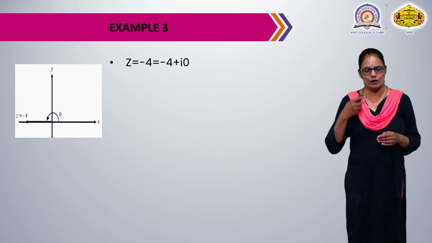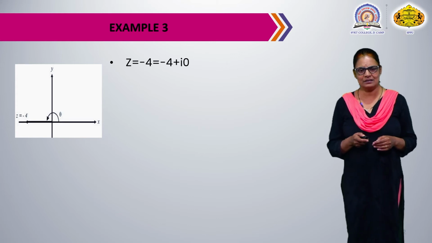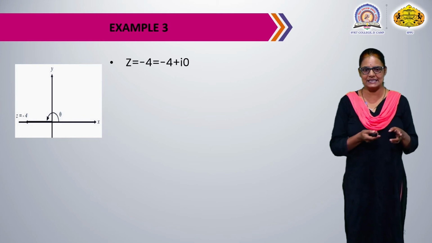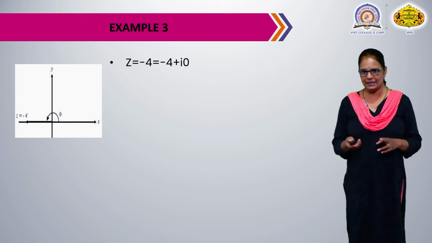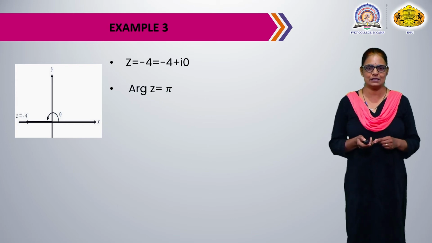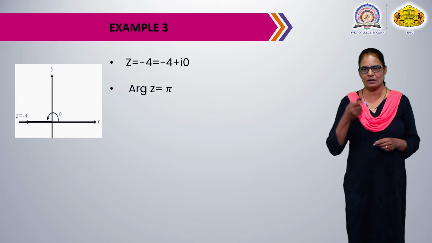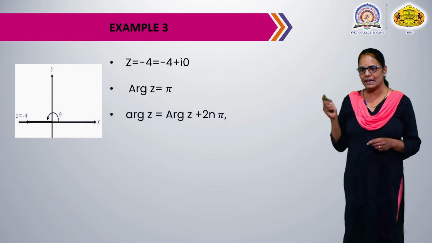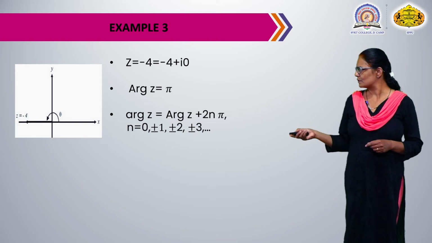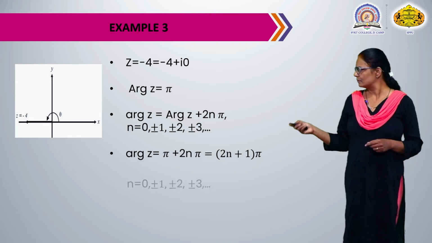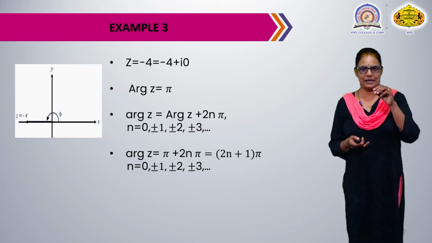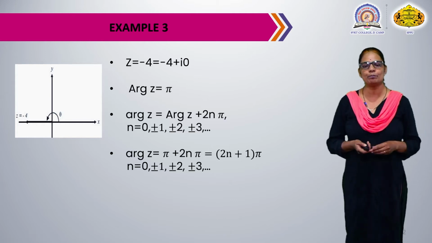The principal argument is obviously the angle between the positive x-axis and the negative x-axis, which is 180 degrees. So the principal argument of z is pi, and again we write the argument of z by adding 2n pi to the principal argument. So the argument of z equals pi plus 2n pi, where n is any integer.